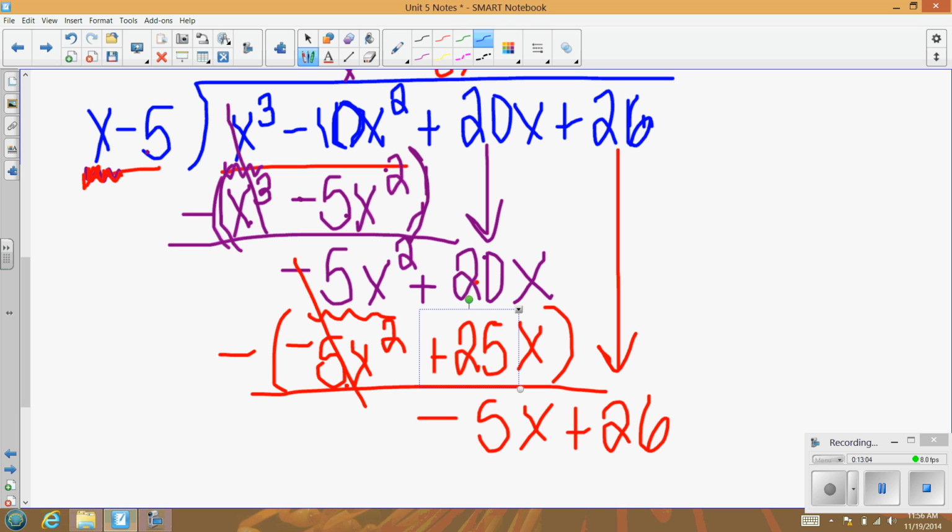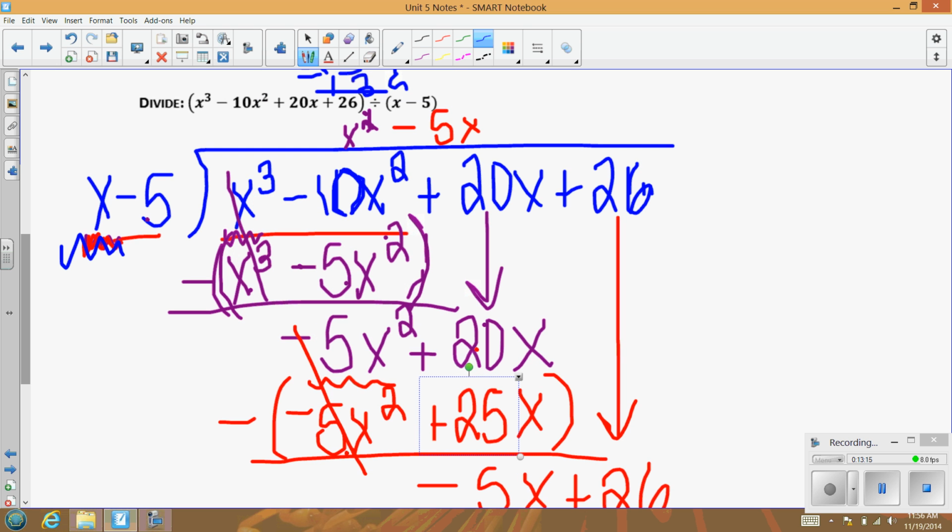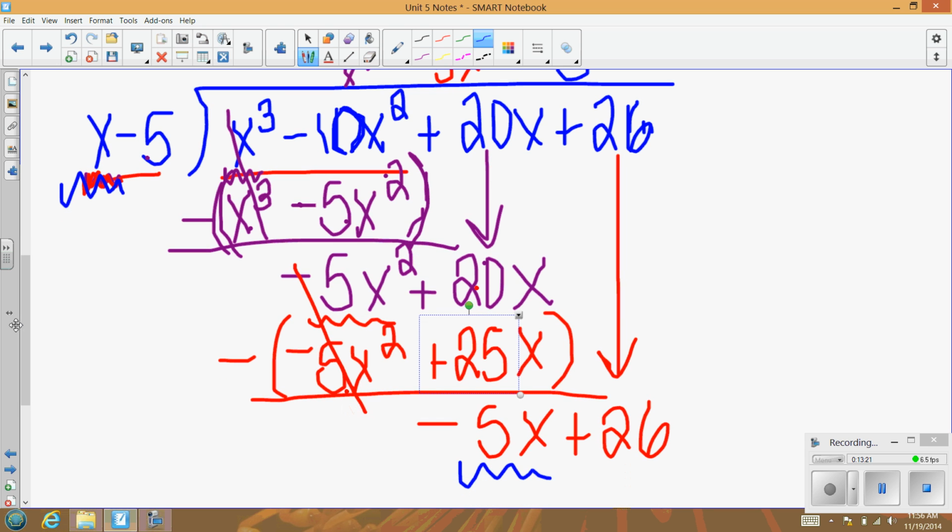Then I compare the negative 5x with this x, and I ask myself, what do I multiply x by to get negative 5x? And the answer is negative 5. So up top here, I'm going to write minus 5. And then I distribute that minus 5 through. So minus 5 times x is going to be negative 5x.